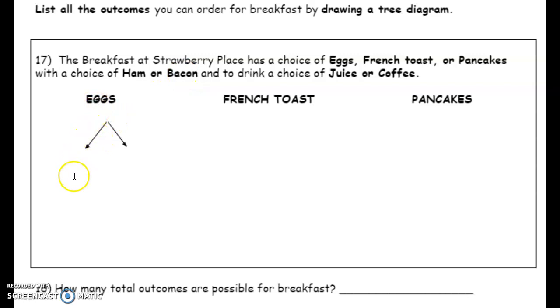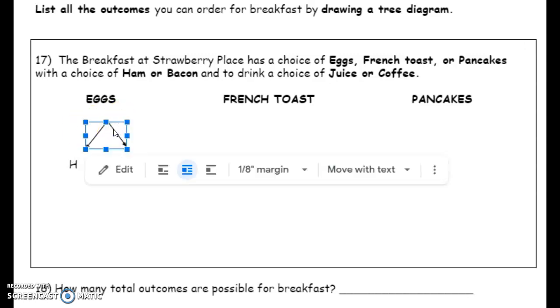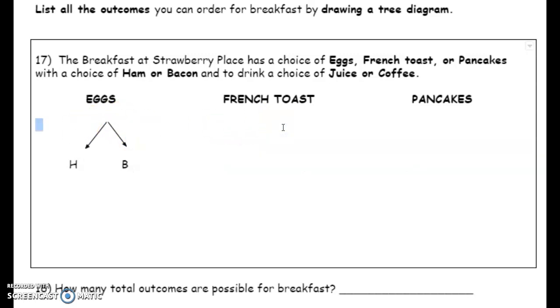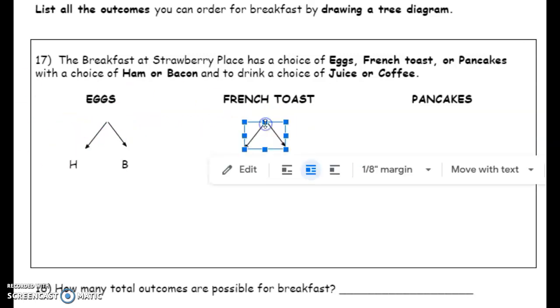So eggs here come with a choice of ham. I'm going to put H for ham, or bacon. So the same 2 choices will be for the French toast as well, which I'm going to put under the French toast.